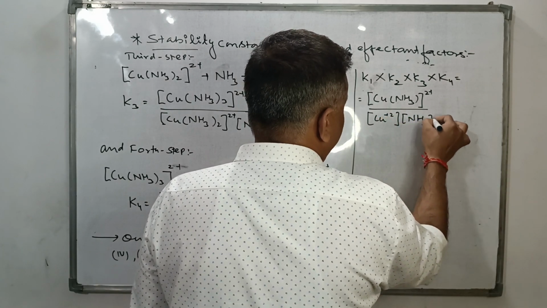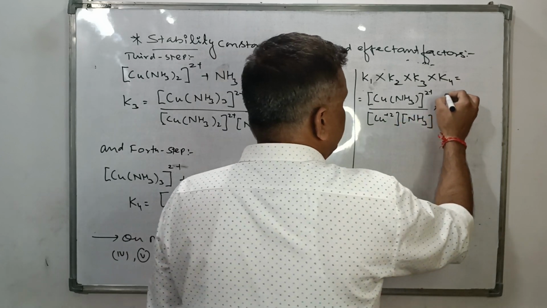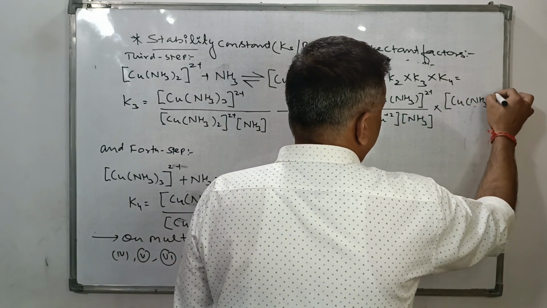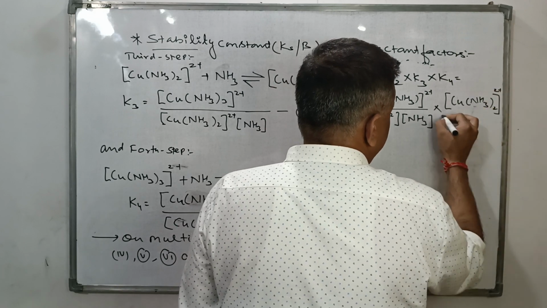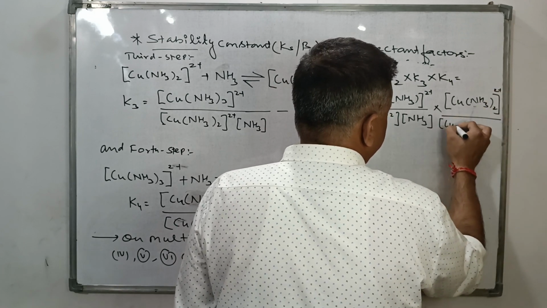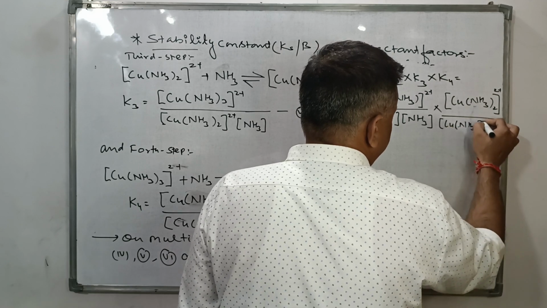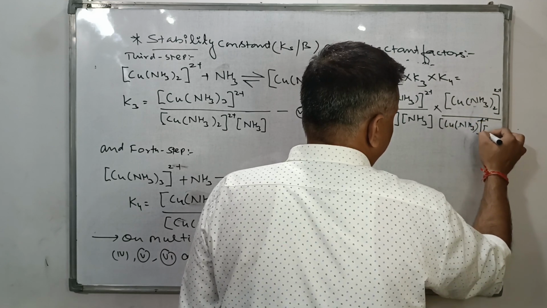This is the value of K2: this is [Cu(NH3)2]2+ upon [Cu(NH3)]2+ and NH3.